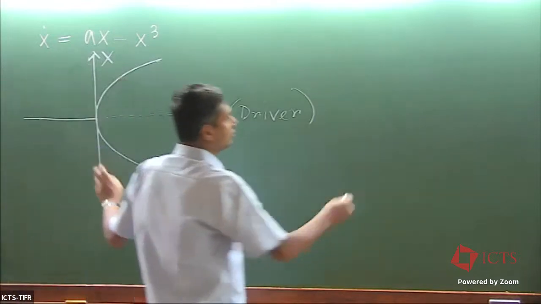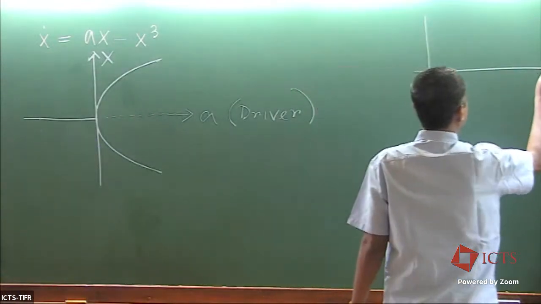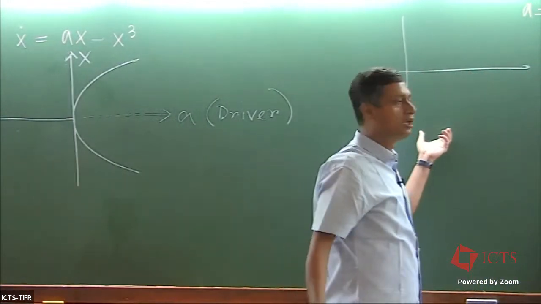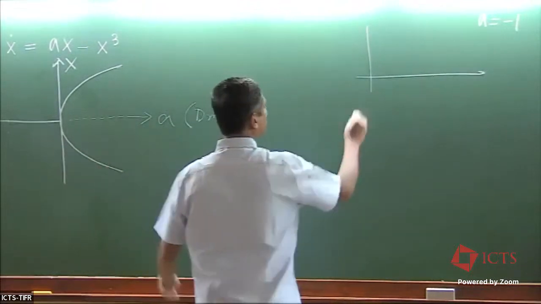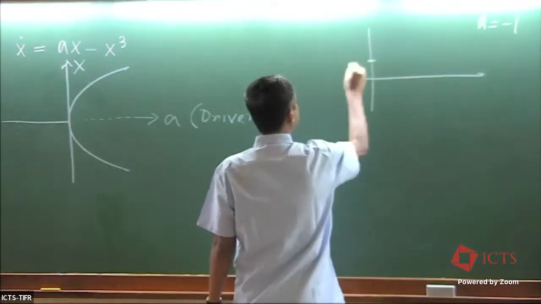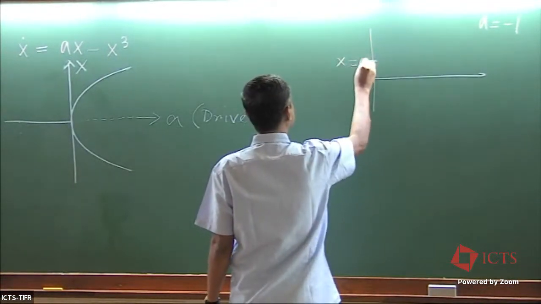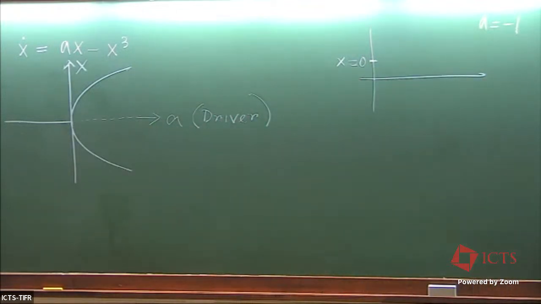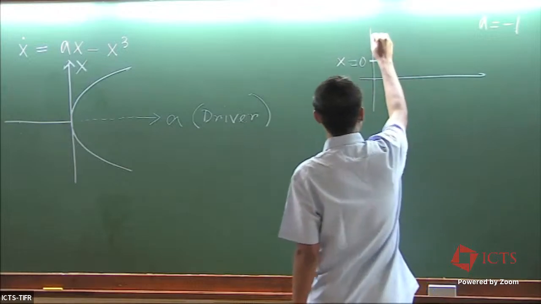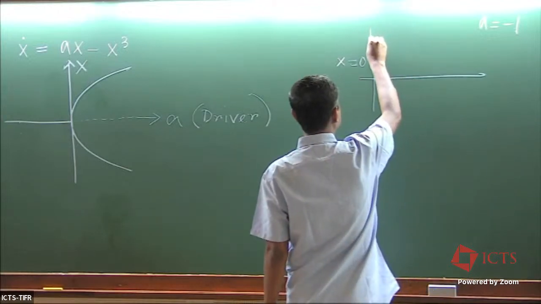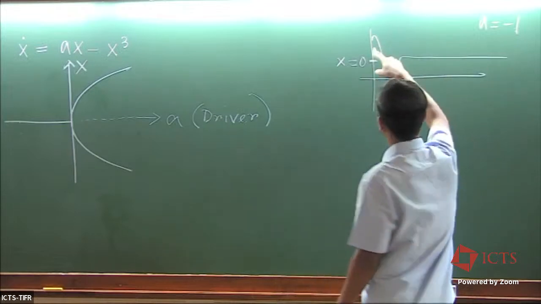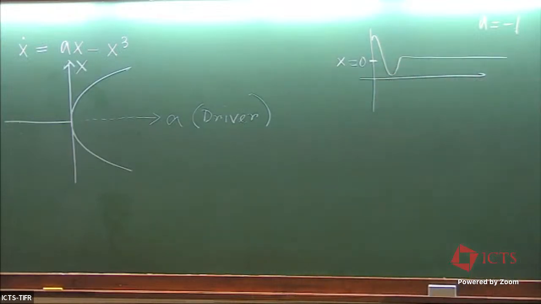So you can think of it like this: let's say I fix the A value at -1, and I know that x equals 0 is the equilibrium point, and that's the stable one. If you start from any initial condition, it may take some time and then settle, right?